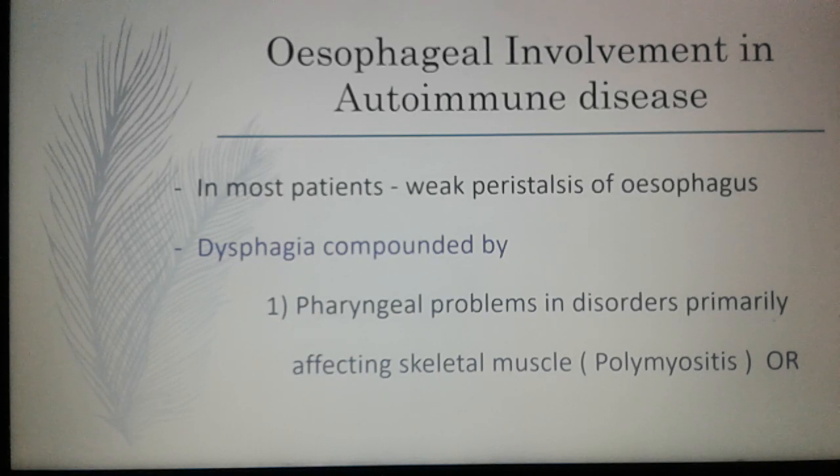And dysphagia is usually associated with pharyngeal problems in conditions where primarily the skeletal muscles are being affected. For example, polymyositis. So dysphagia along with pharyngeal problems due to affected skeletal muscle.